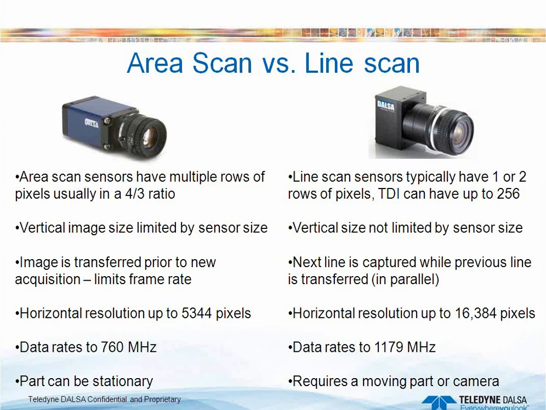As we capture a line, it gets transferred and the next line gets acquired, so this happens in parallel. As I mentioned before, as of today we have a camera that can go up to 16,000 pixels with a data rate of 1,179 megahertz. For line scan, you have to either move the part or move the camera.